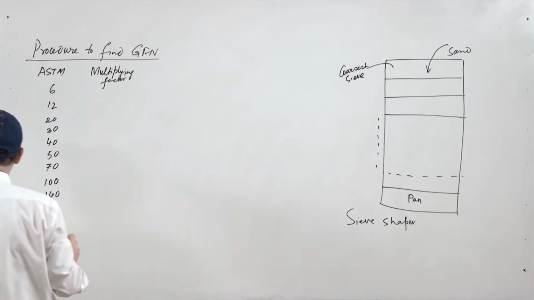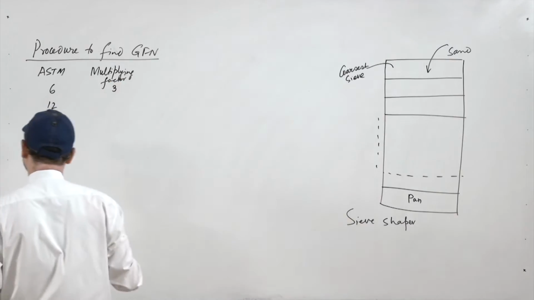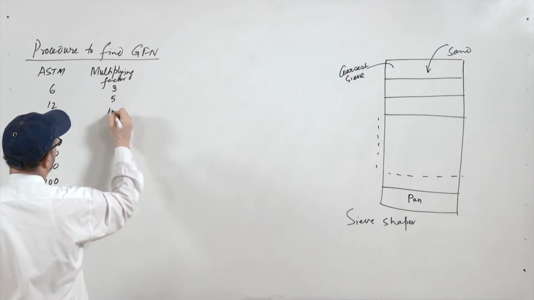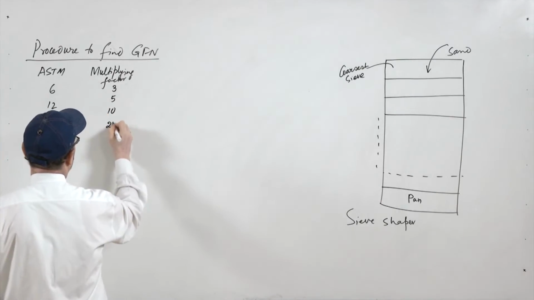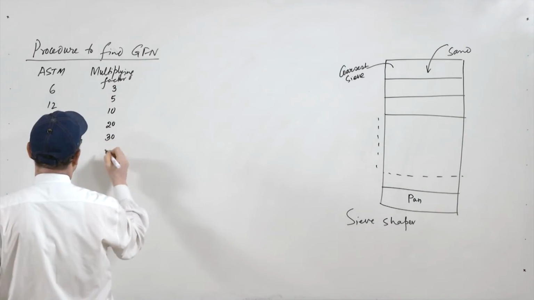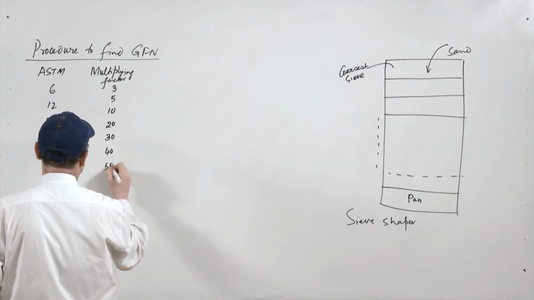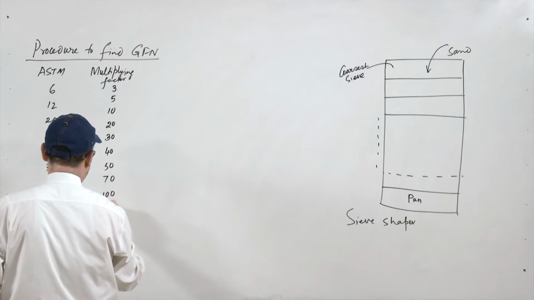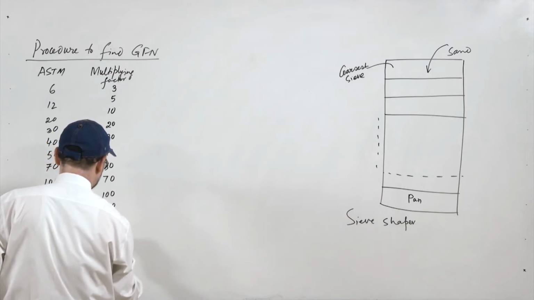So, the multiplying factors for the sieves are: for this it is 3, for this it is 5, for this it is 10, and then it goes like this: 20 here, 30 here, 40 here, 50, 70, 100, 140, 200 and 270.